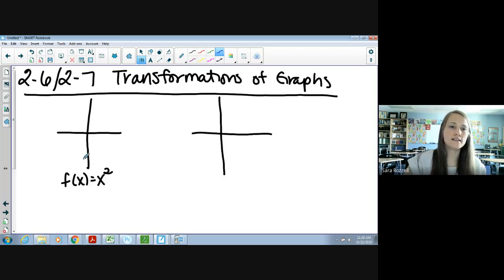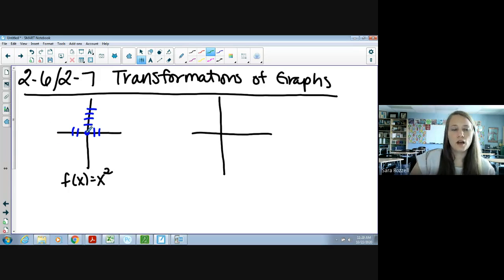This is f of x equals x squared. It has a vertex on 0, 0. Our first set of points are 1, 1, and negative 1, 1. And you get those by plugging in the x values into this function. 1 squared is 1. Negative 1 squared is also 1.